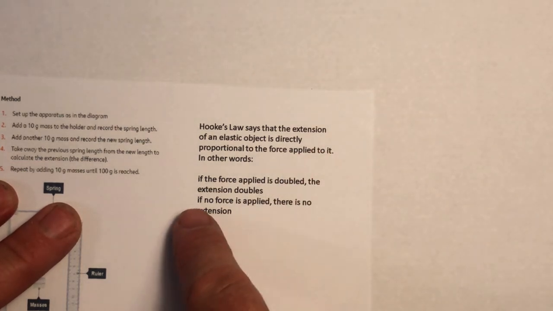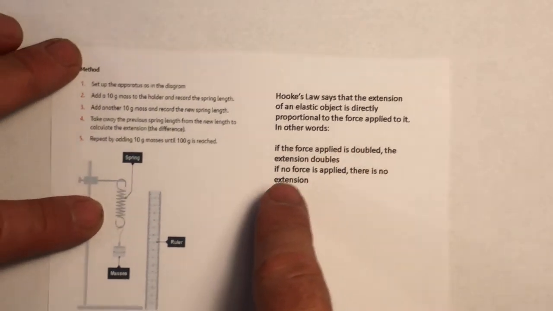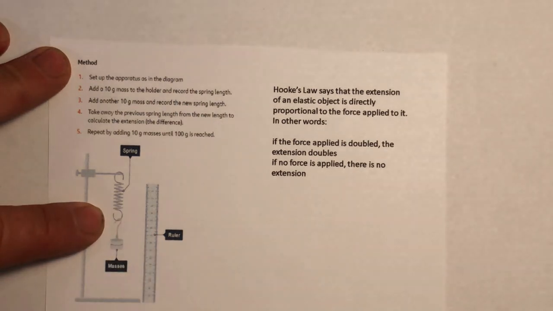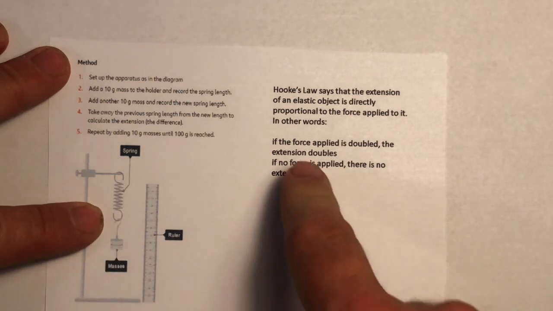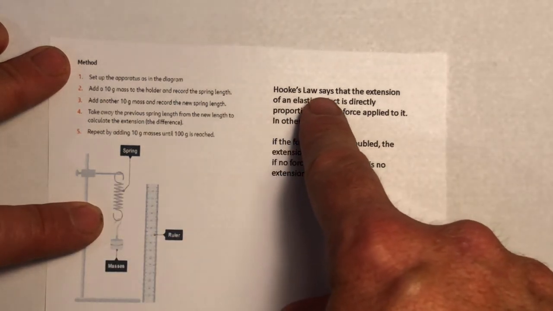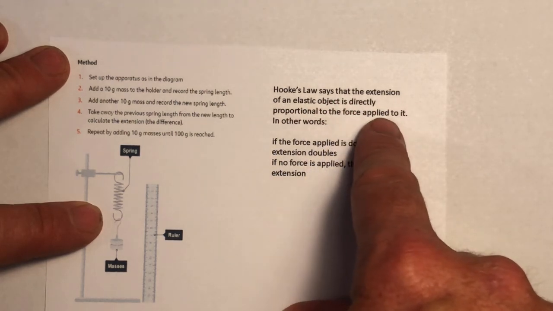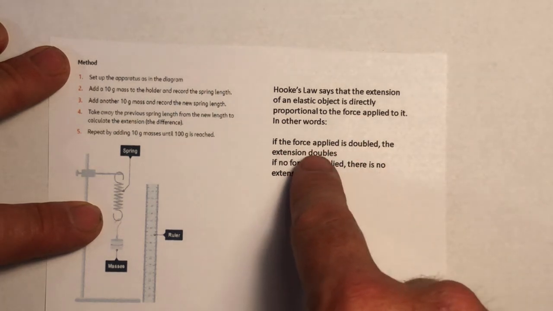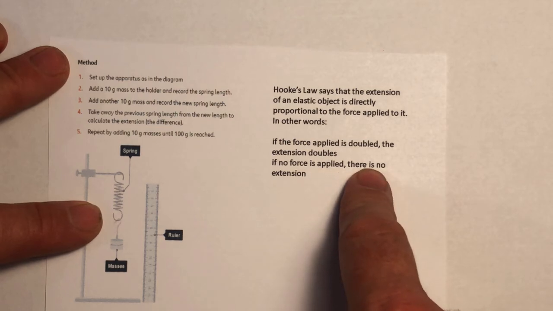Basically what it means is, if you've got a spring and you apply 10 grams to it, if you then double the force, it doubles the extension. So Hooke's law says the extension of an elastic object is directly proportional to the force applied to it. If the force applied is doubled, the extension doubles. If no force is applied, there is no extension.